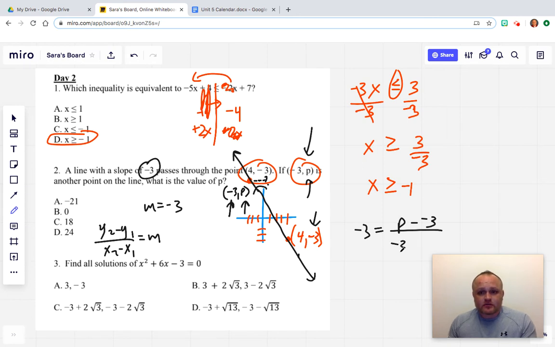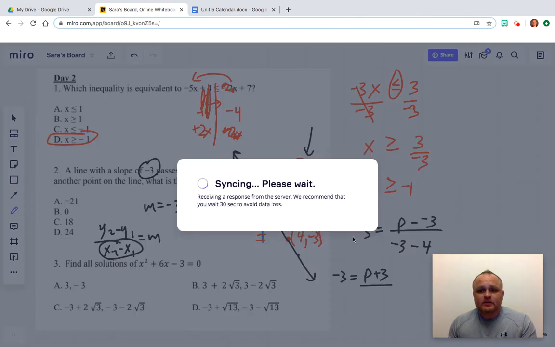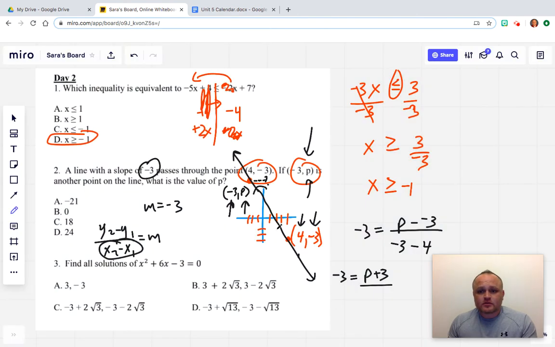I'll put negative 3 minus the other x value, because remember, I'm subtracting the x's. So minus 4. So p minus a negative is the same as p plus 3. And negative 3 minus 4 would be a negative 7.